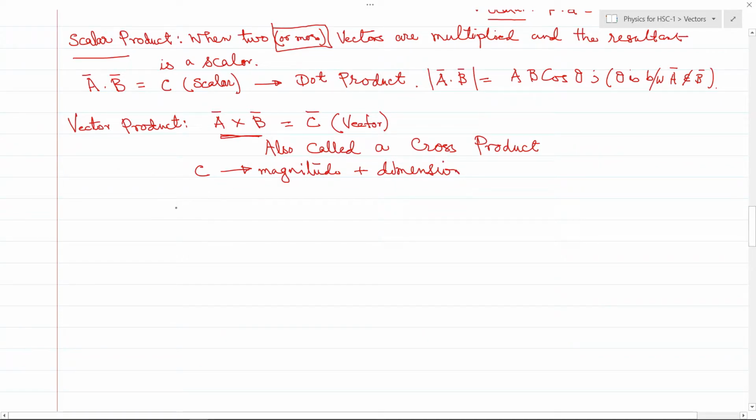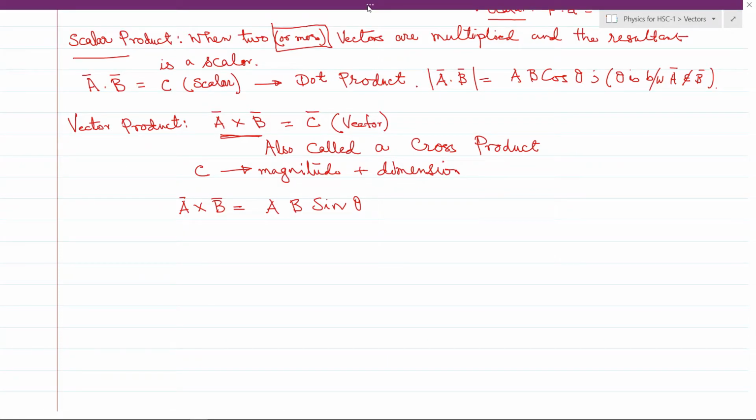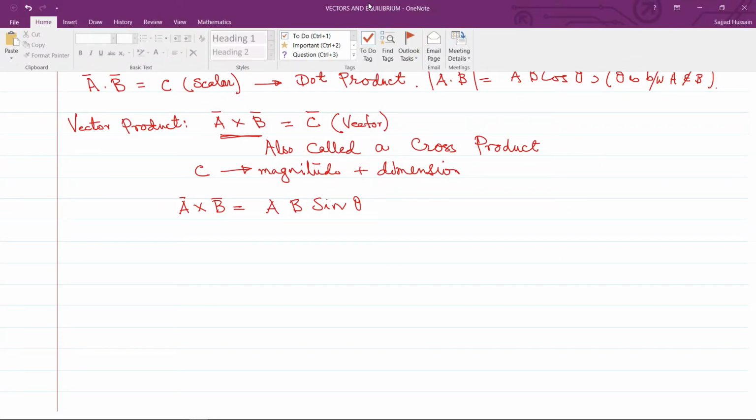So the magnitude is given by this formula: A cross B is equals to A into B into sine theta, where of course theta is between A and B. And now what about the direction? So let us try to understand direction.